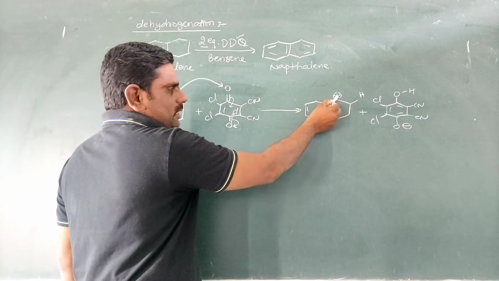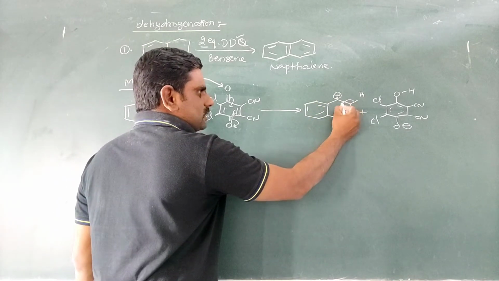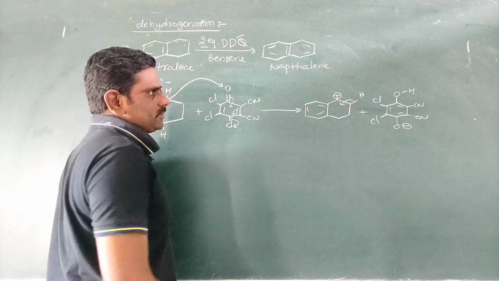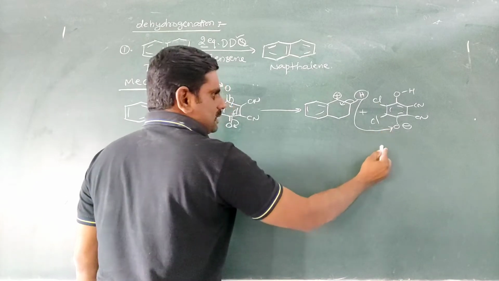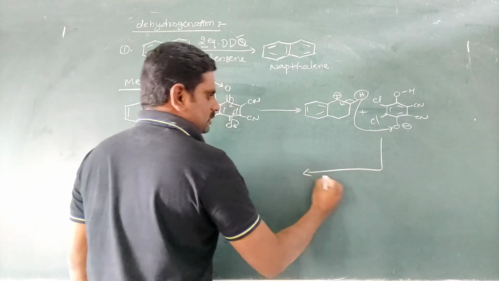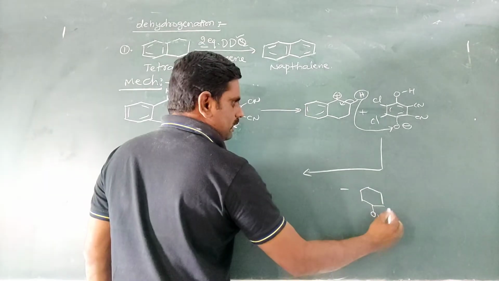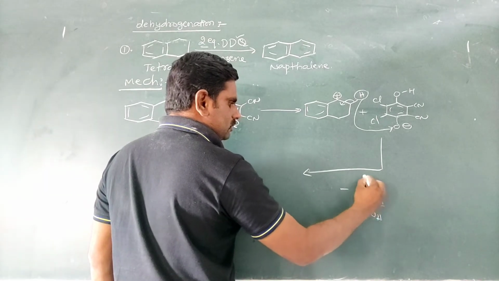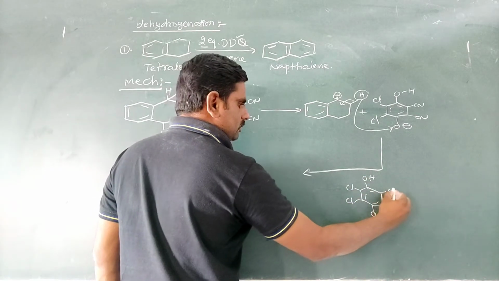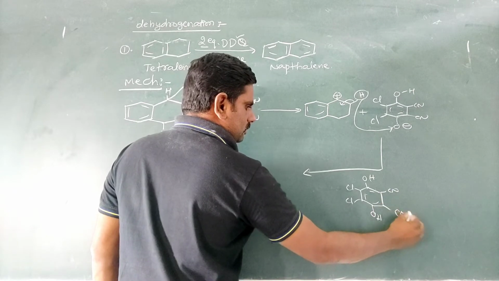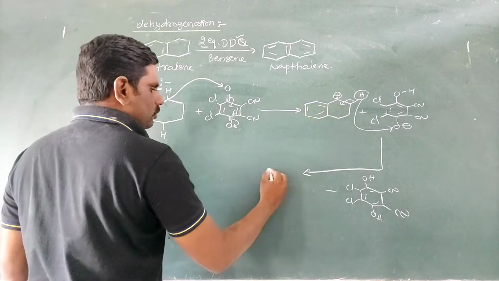So if the carbocation has an sp3 hydrogen, it forms a double bond, and this hydrogen is removed as H plus and attacks the O-, and forms the byproduct, the hydroquinone. It leaves from the reaction mixture, and here a double bond is formed.